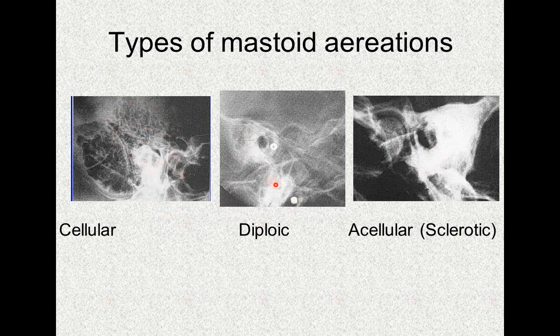The non-pneumatized areas are the bone marrow in the diploic mastoid like this, and the dense bone in the sclerotic mastoid. So non-pneumatized areas may be diploic bone marrow in a physiological diploic mastoid, or sclerotic dense bone in mastoiditis.